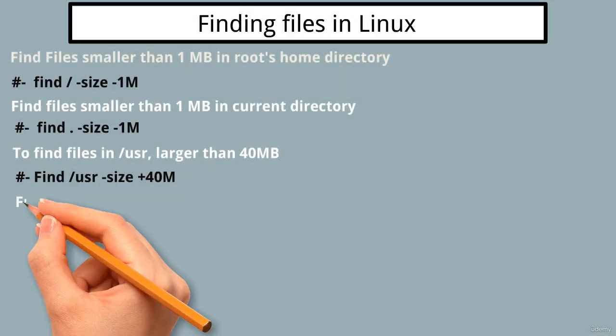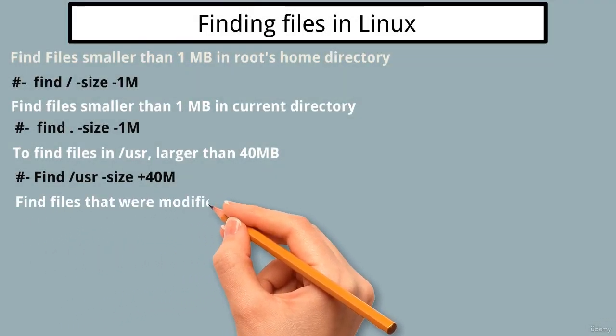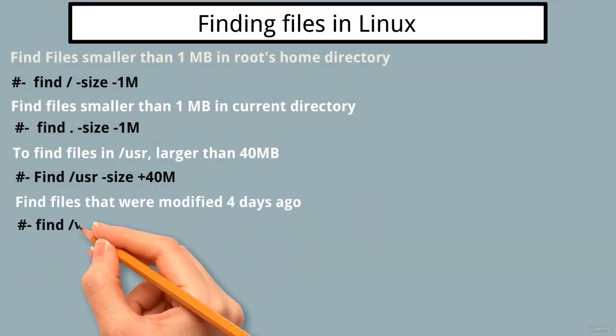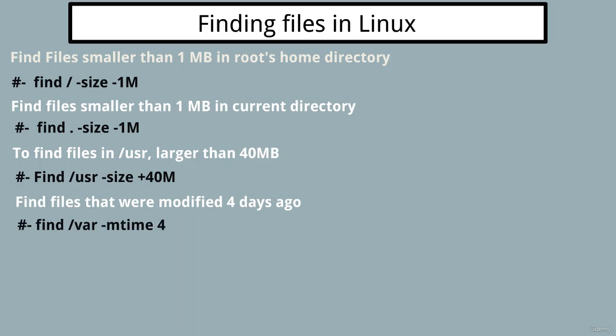You can also find files that were modified certain days ago. Let's use this command, find something in var directory with the modified time. mtime stands for modified time. So any file that was modified, and the days we're giving it are 4.